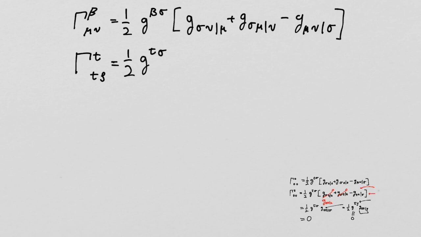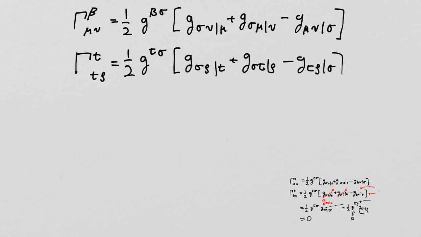We still have to sum over σ, with g_σμ, μρ, and νρ, and μ is t, and then g_σμ is t rho minus g_μ is t ρσ.